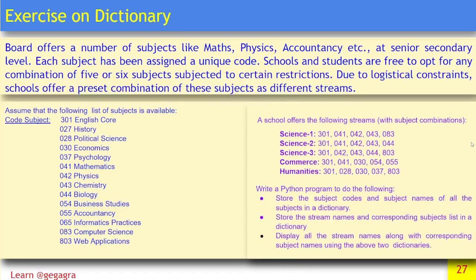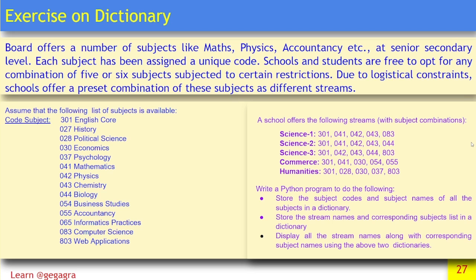Apart from it, a school offers the following streams with subject combinations: science 1 has 301, 041, 042, 043, 083. These are the subject codes. Means in the science 1 stream, these subject codes are offered, means these subjects are offered.